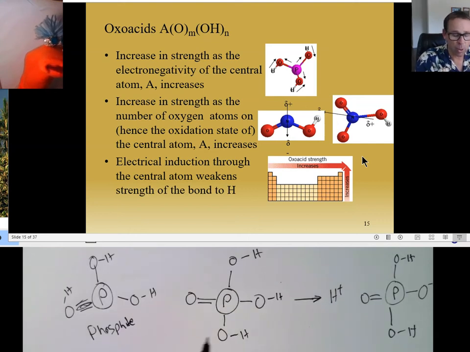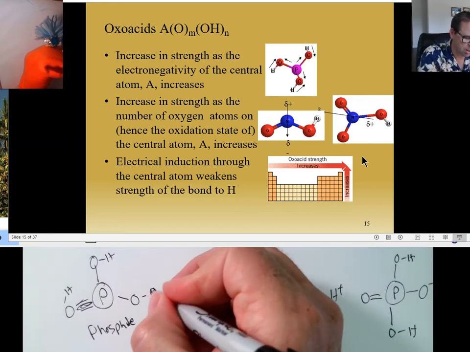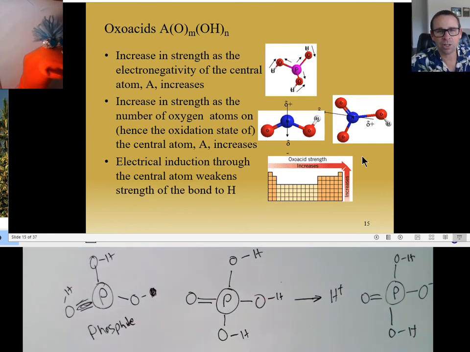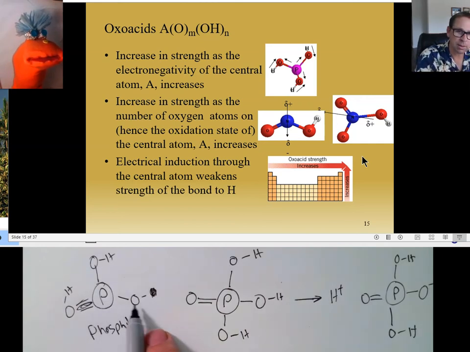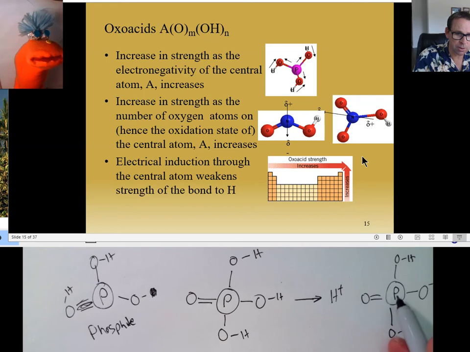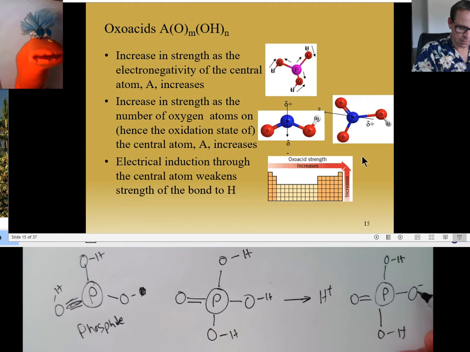Which one is stronger? Well, if I remove a hydrogen from here again, I'm going to be left with an oxygen with a negative charge. And that negative charge needs to be drawn to that phosphorus. Another possible thing that that negative charge can do for either the phosphate or the phosphite ion is that negative electron density can swing over to this oxygen, and this oxygen can take the hydrogen.